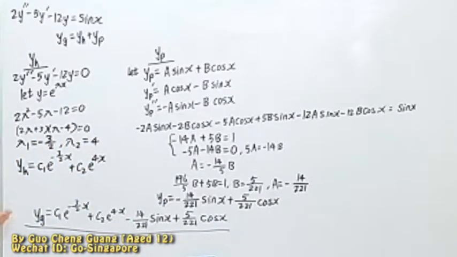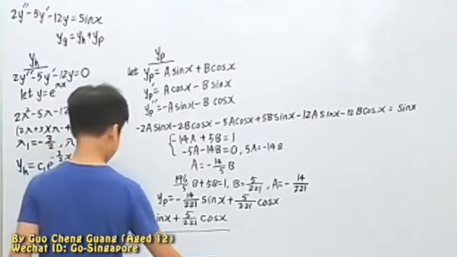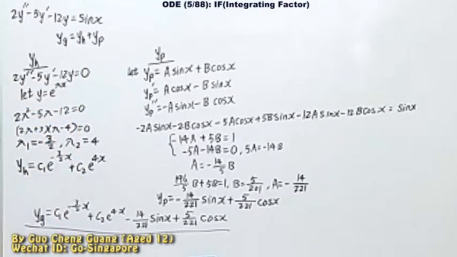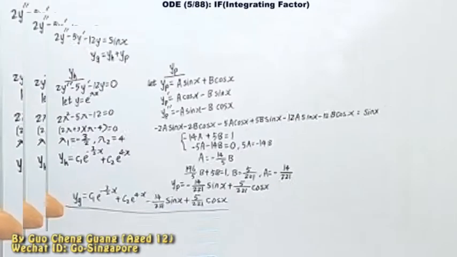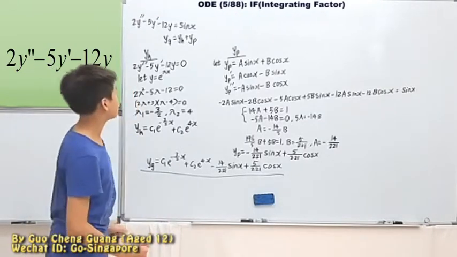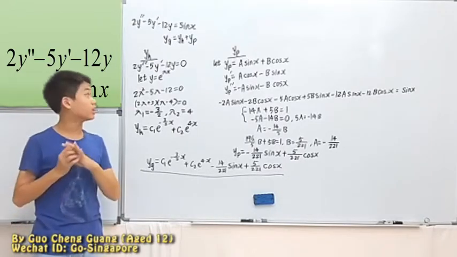Let's take a look at this process. In this process, at the beginning, I told you this is linear, constant coefficient, non-homogeneous ordinary differential equation. So this is a general solution for the non-homogeneous differential equation.